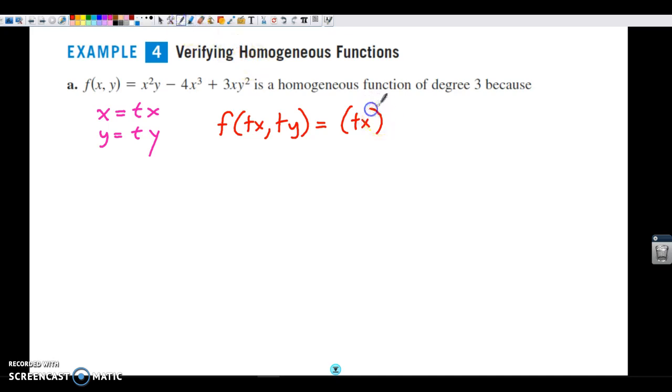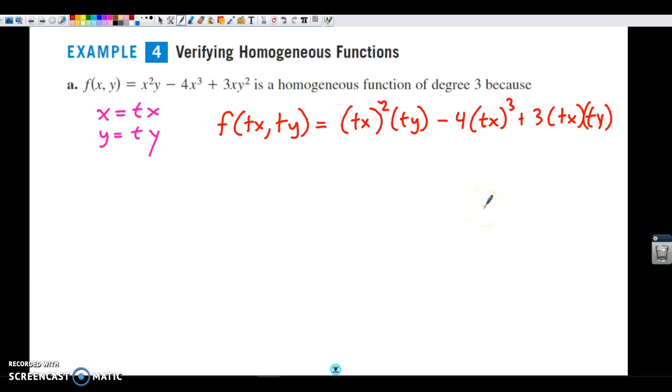This is taking the place of that x squared up there. And now this is going to become ty minus 4 times tx to the third power, taking the place of that x over here, plus 3 times tx ty, it should be actually.